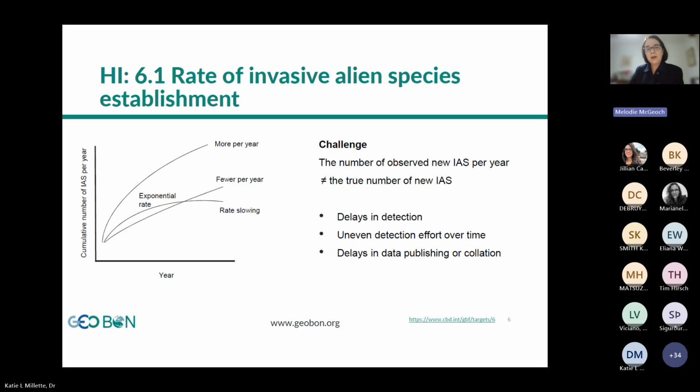We know that our effort to detect or observe new alien and invasive alien species is very uneven over time in most cases. And we know that there are often delays in publishing the data and or collating data that could be used for this purpose. So for all of those reasons, in fact, all of those data shortcomings have significant implications for producing an indicator like this. Next slide.